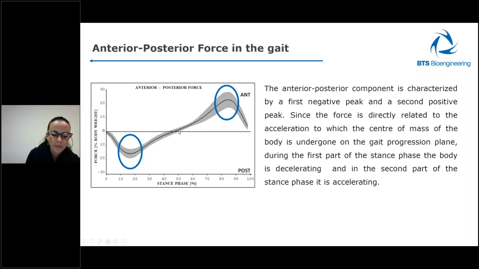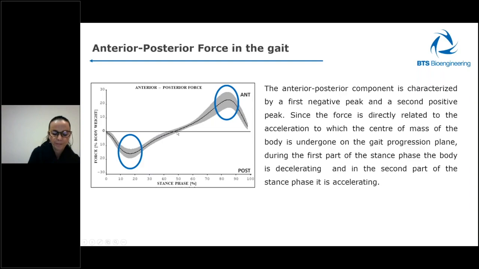When the graph crosses the zero axis, it means that this component is zero, and all that happens during the single support phase.